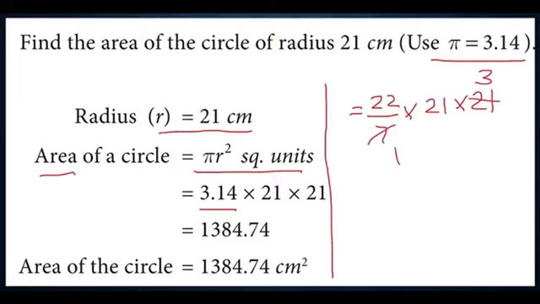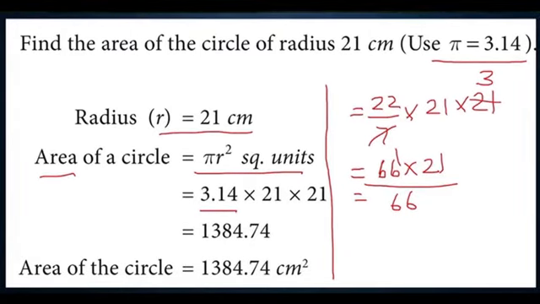Now, we have to multiply all the three numbers. So, 22 into 21 into 3, so 3 into 22 you get 66 into 21. So, what do you get? 1 6 is 6, again 1 6 is 6.